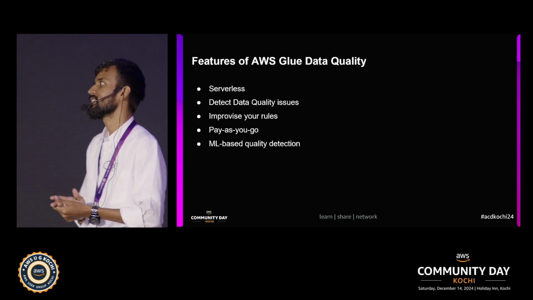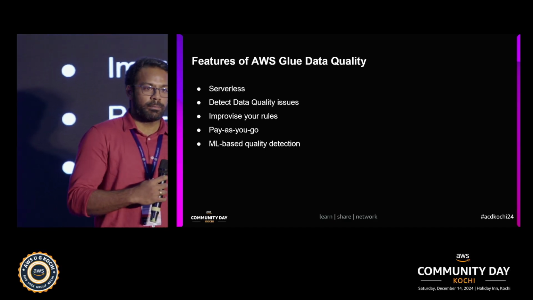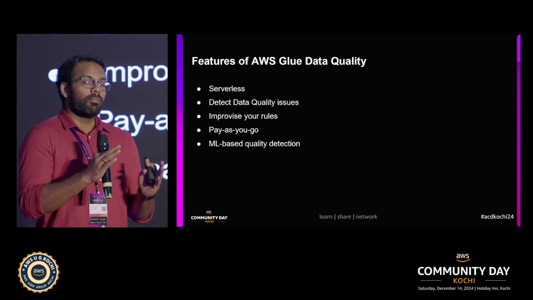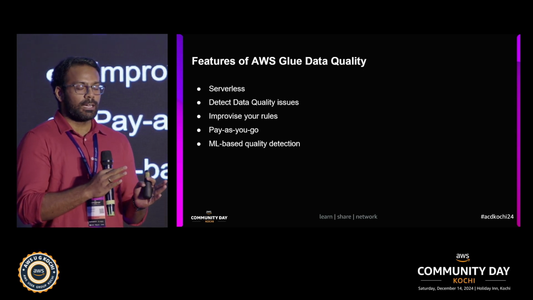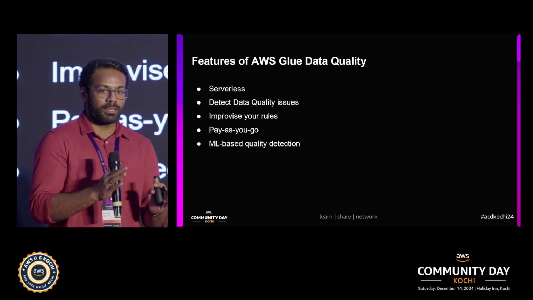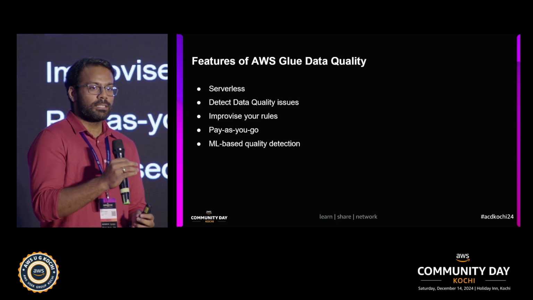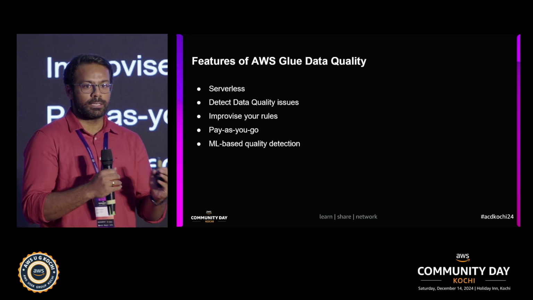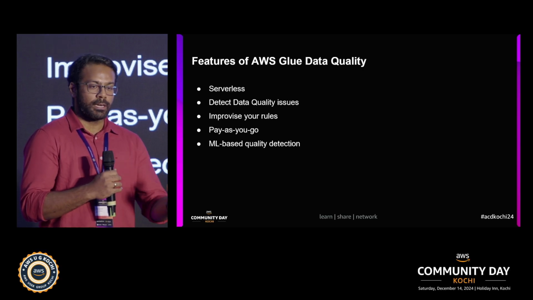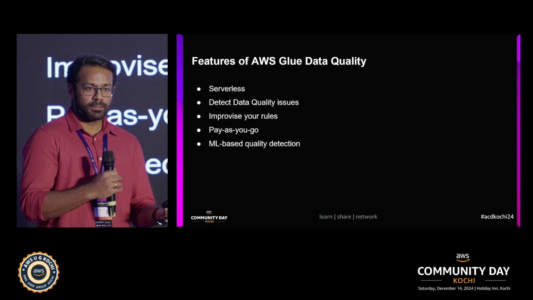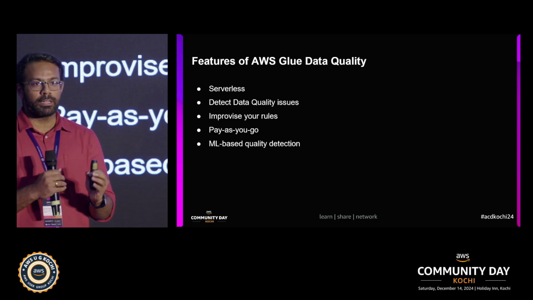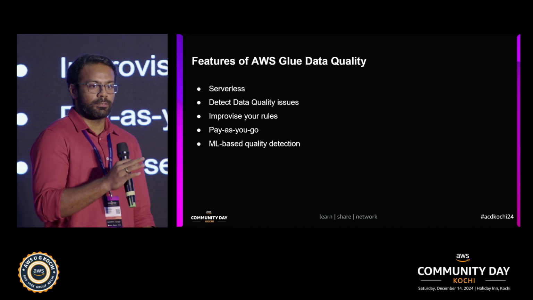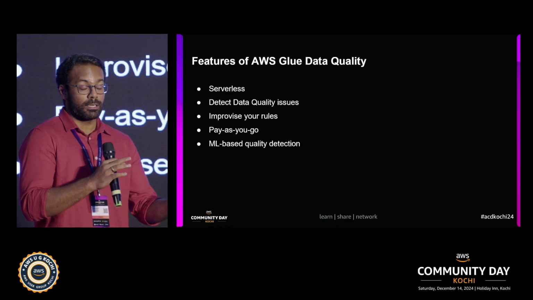As I stated before, rules can be improvised in the sense that we can customize each and every one of our rules based on every set of implementations. It can't be done in a single data quality session. It has to run anywhere from 1 or 2 to 10 times, and at some point we will figure out how many anomalies we have, and based on that we can customize each set of rules, in data sets as well as in rule sets.